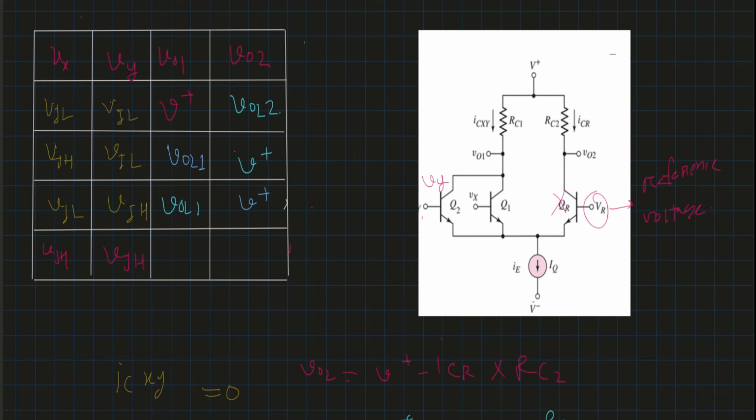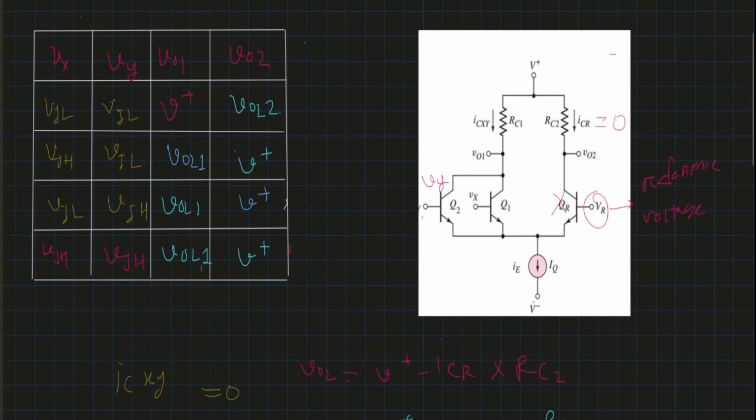So that means the current flowing through ICR will be 0, and we can say VO2 will be V plus because there will be no voltage drop across the RC2 resistor. In the same way, the output VO1 will be a logical low, and we can say it will be VOL1, same as the previous case.